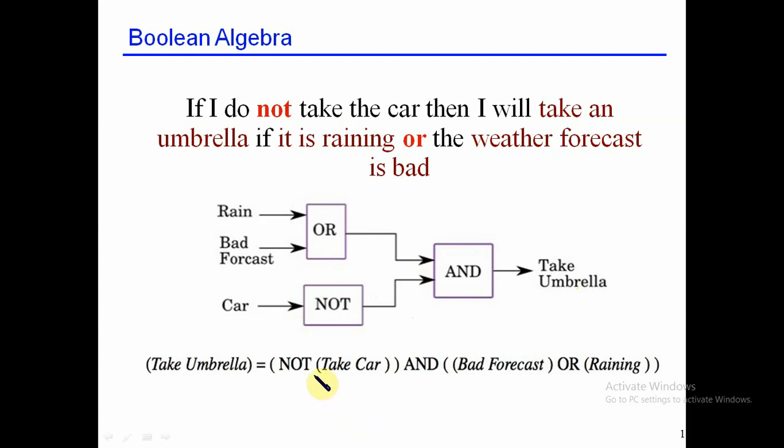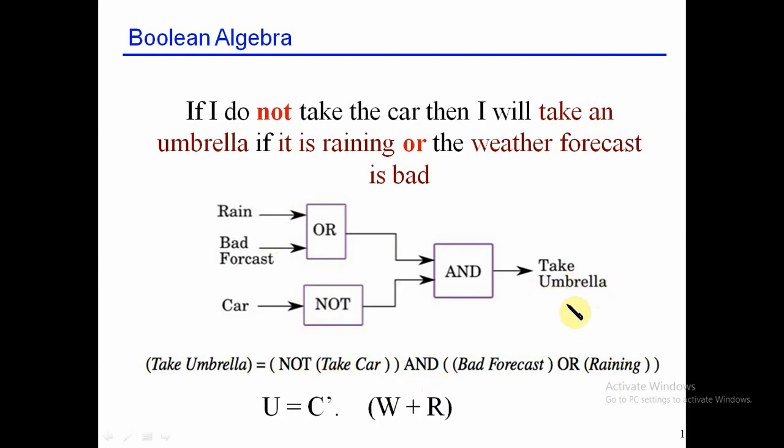That NOT gives the negative notification, that it is not necessary to take the car. That NOT and rain and bad forecast are ANDed with each other, and we get the solution, that is the necessity of the umbrella.